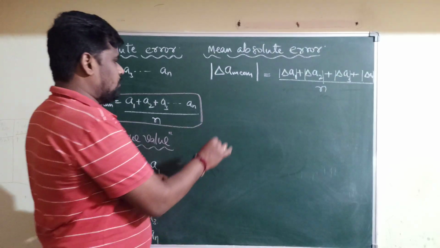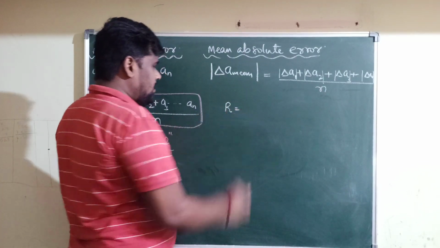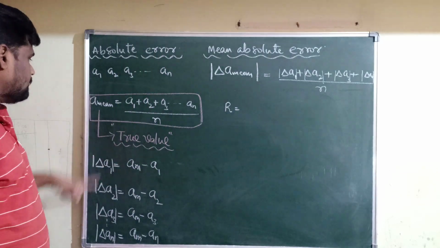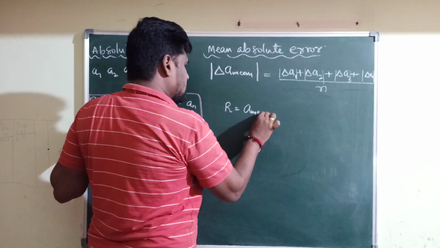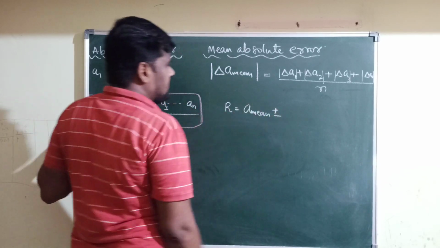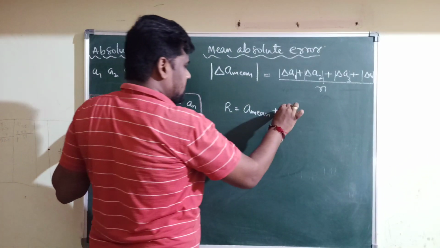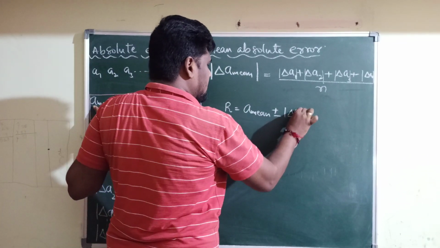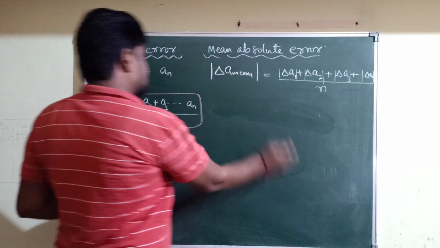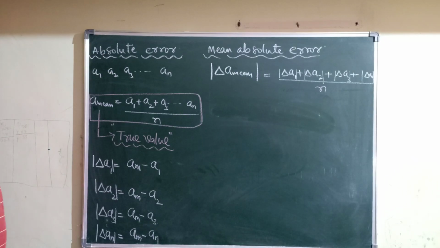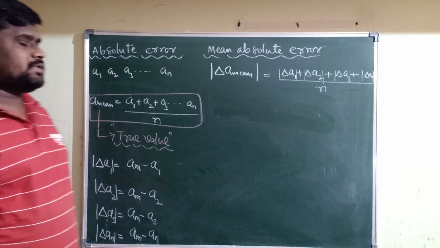The result of your measurement should be true value plus or minus absolute error in the measurement. Which is true value here? A mean is called true value. The absolute error is given by delta A mean. So that we'll discuss in the next steps. First, we'll calculate the mean value of the absolute error. Then comes relative error.